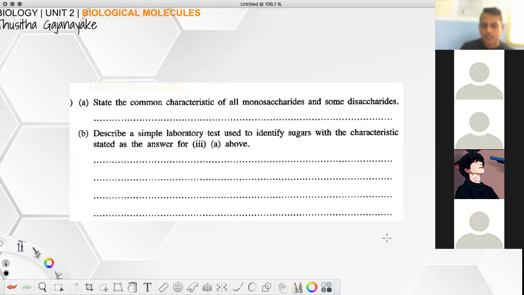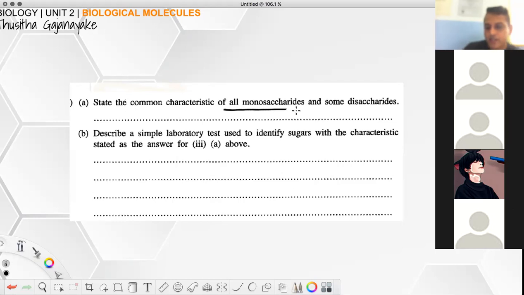Now, if you look at this question, some of them say it's crystal shapes like this. Okay, this question, now look at here.